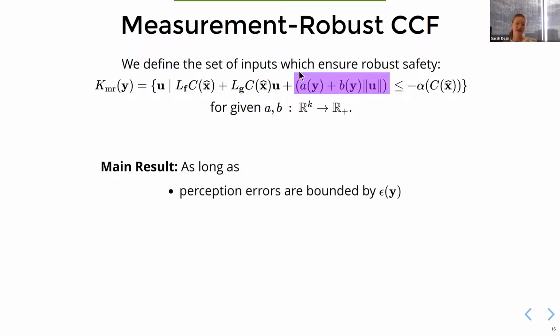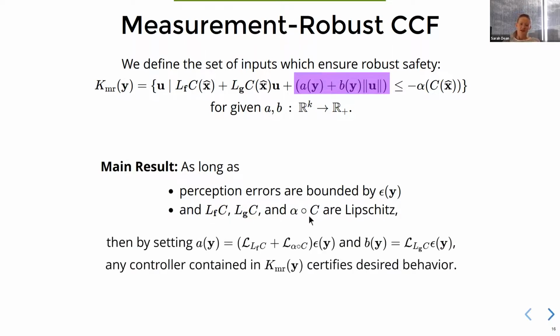And the main result is that as long as our perception errors are bounded by some function epsilon of y, and the Lie derivatives and the comparison and certificate functions are Lipschitz, then if we set A and B appropriately, depending on the Lipschitz constants and the error bounds, any controller contained in this measurement-dependent set certifies the desired behavior of the system.